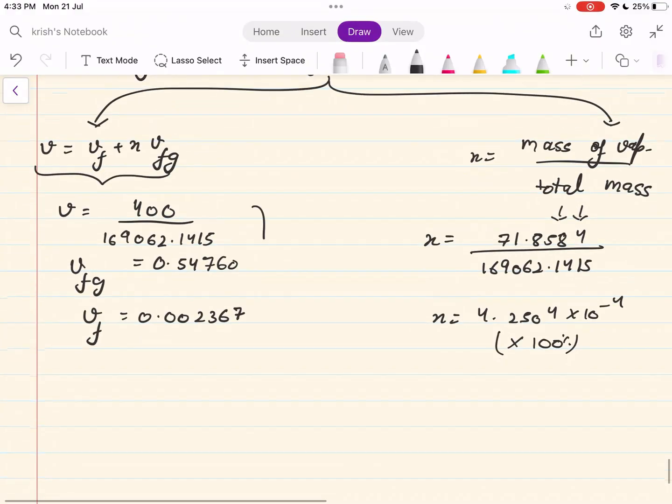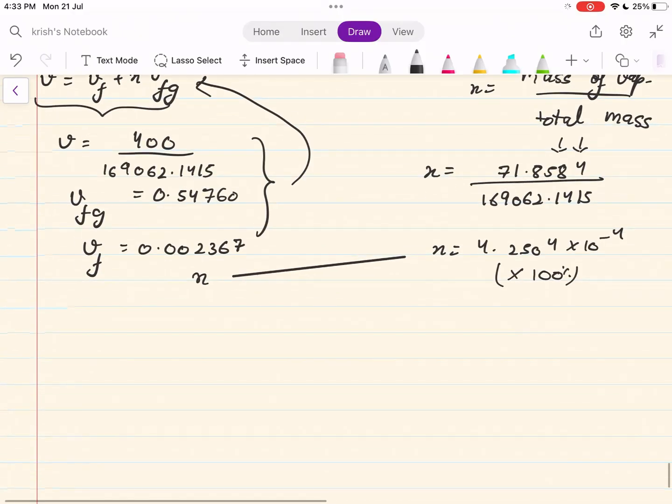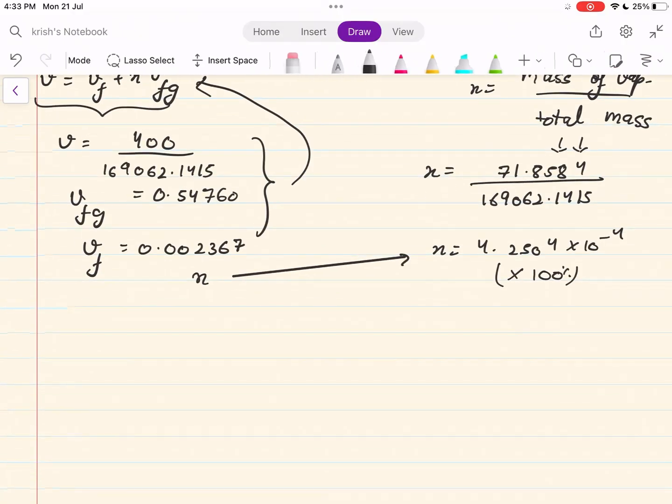We would have substituted all of these into the equation, and our x would have come out the same as this. So that is how we solve this question.